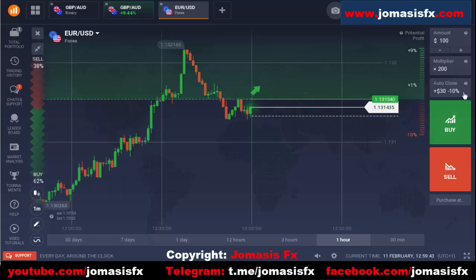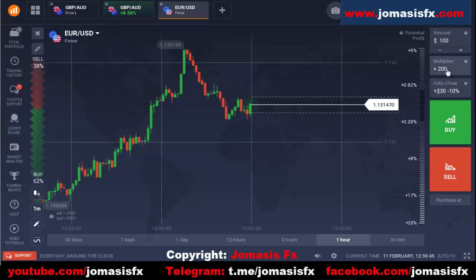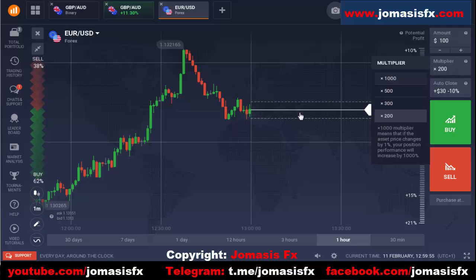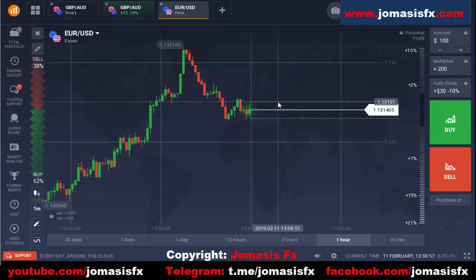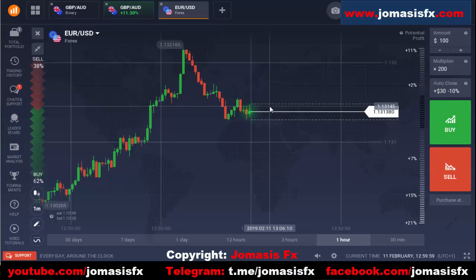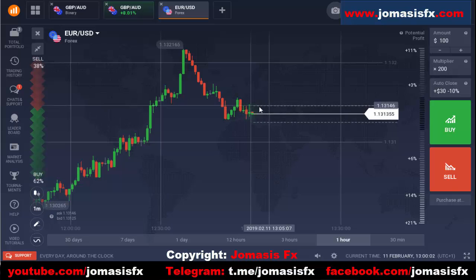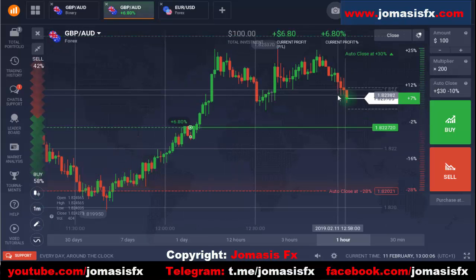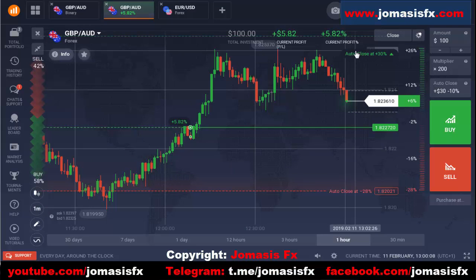The higher you go, if you use this 1,000, that is $1,100 multiplied by 1,000, and the market moves even a fraction of a pip, then if the trend is going in your favor, you'll be making more money per single pip.